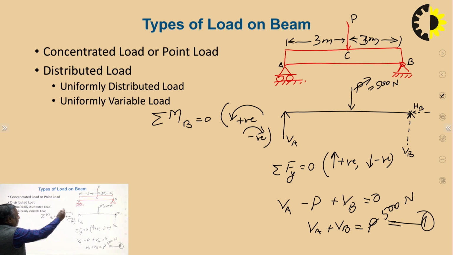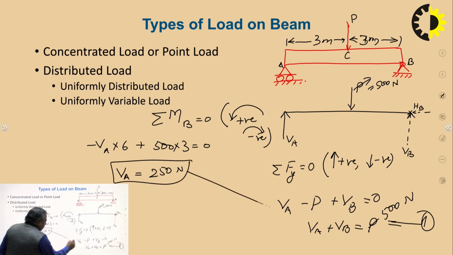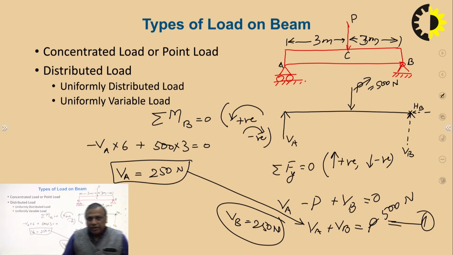So VA is clockwise, that's why negative, VA multiplied by 6, then 500 is anticlockwise, that's why positive, 500 multiplied by 3 is equal to 0. So we get VA equal to 250 Newton, and putting this, VB is equal to 250 Newton. It is simple if it is a point load.